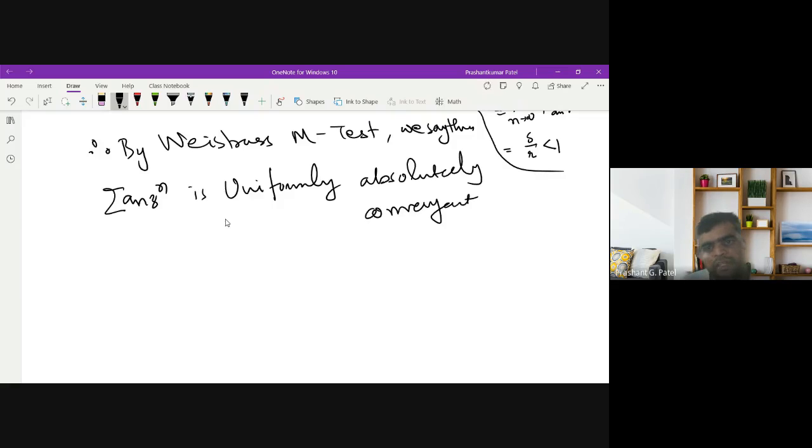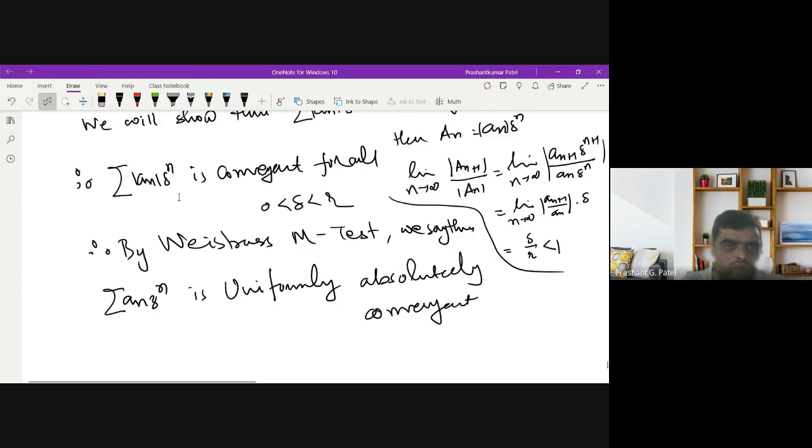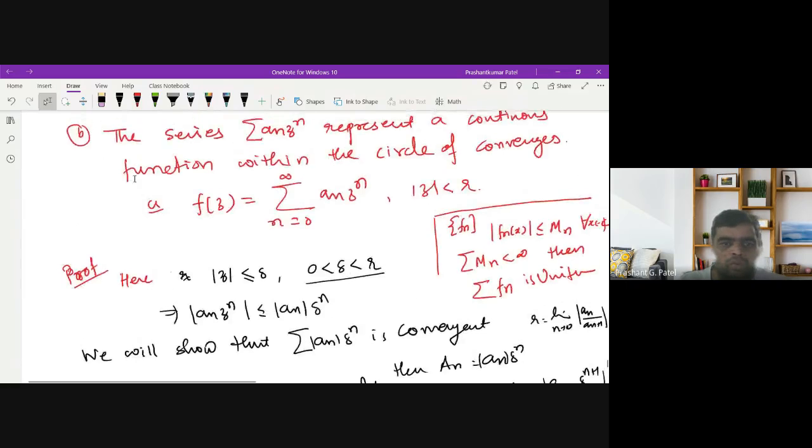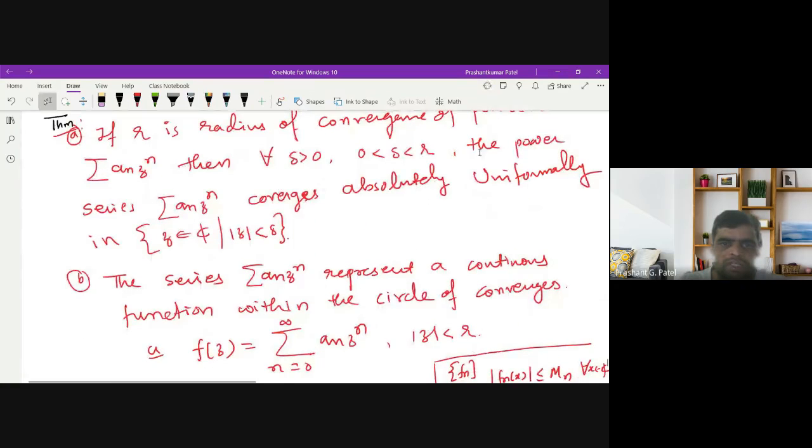Why absolutely? Because the modulus is there. So that's why it is absolutely convergent for all mod z less than or equal to delta, which is less than R. So that proves part 1 of this statement. That is, the power series is uniformly absolutely convergent for all z with mod z less than delta.